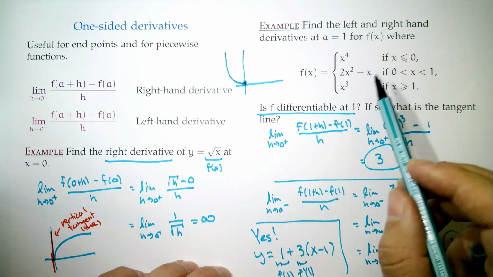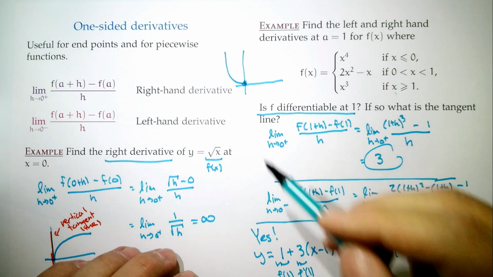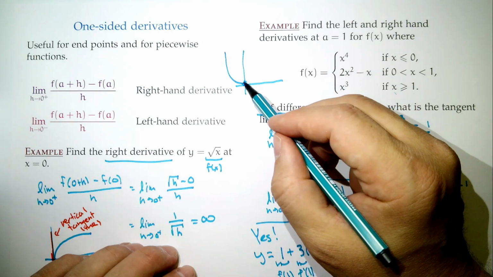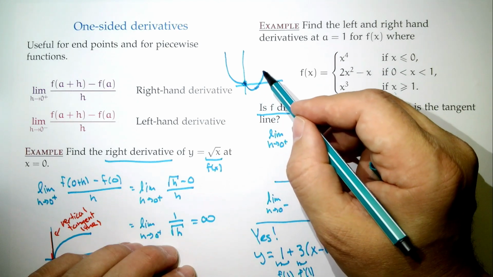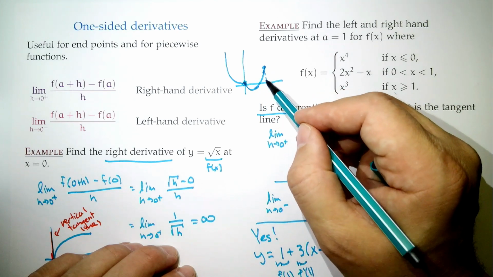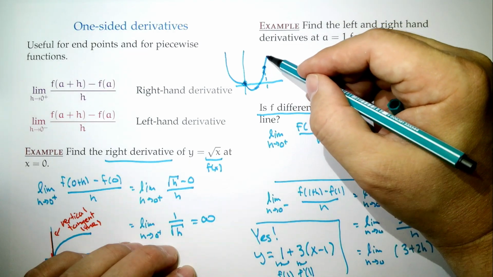Now you get 2x squared minus x, and that's a parabola. That probably doesn't surprise you too much. It looks something like this, so that we come up here, and here's 1. And then x cubed keeps going.